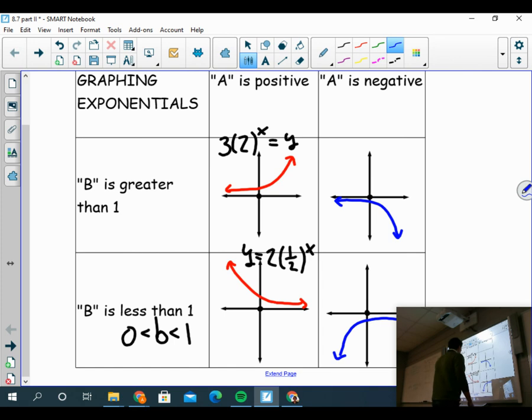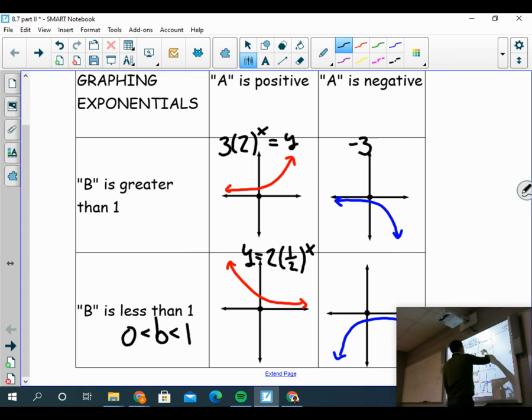Now, what we haven't explored is what happens when your a value is negative. While your b value changing from greater than 1 to between 0 and 1 flips your exponential functions across the y-axis, your a value becoming negative flips your exponential function graphs across the x-axis.